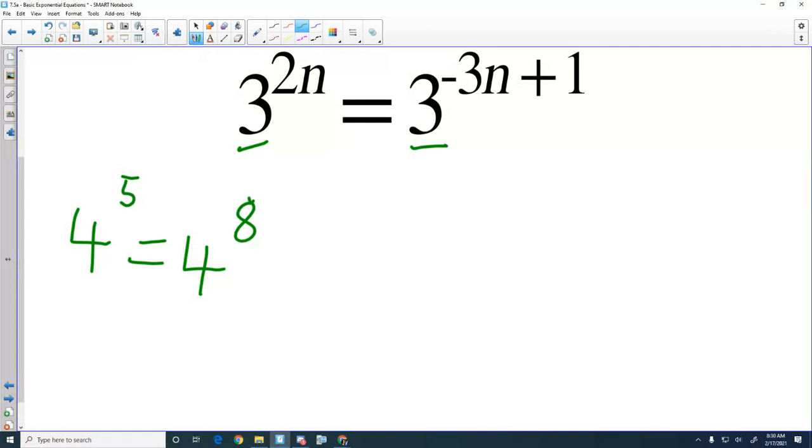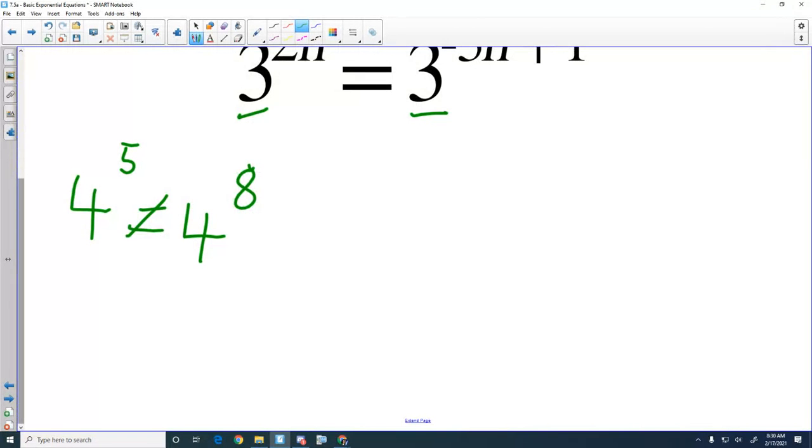Could that ever be possible? 4 to one power equals 4 to another power? Does that make sense? No, clearly 4 to the 8th is going to be much, much bigger. That's not true. The only way for an equation like this to be true would be if it's 4 to the 5th equals 4 to the 5th. The base is the same, so those exponents must be equal as well for that equation to be true.